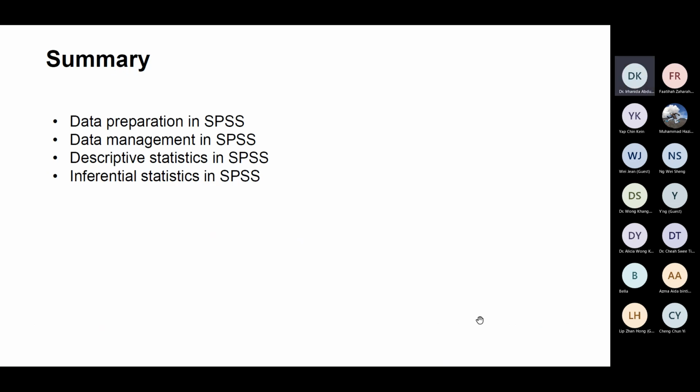As a summary, in the second section, we learned about data preparation in SPSS. We learned about data management: what we need to do if we have missing values, if we need to merge two options of answers into one, and if we need to compute the data into one factor, especially when we run regression analysis.